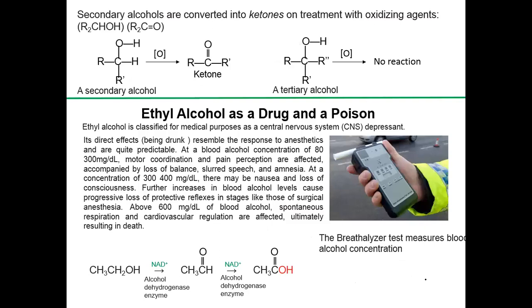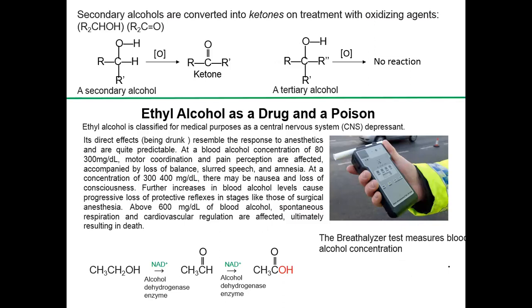And this is just for the exploitation of some devices to check the alcohol degree in the blood, for example. This is the information: 400 milligram per deciliter, there might be nausea after taking alcohol, but 600 milligram per deciliter in the blood can be fatal.